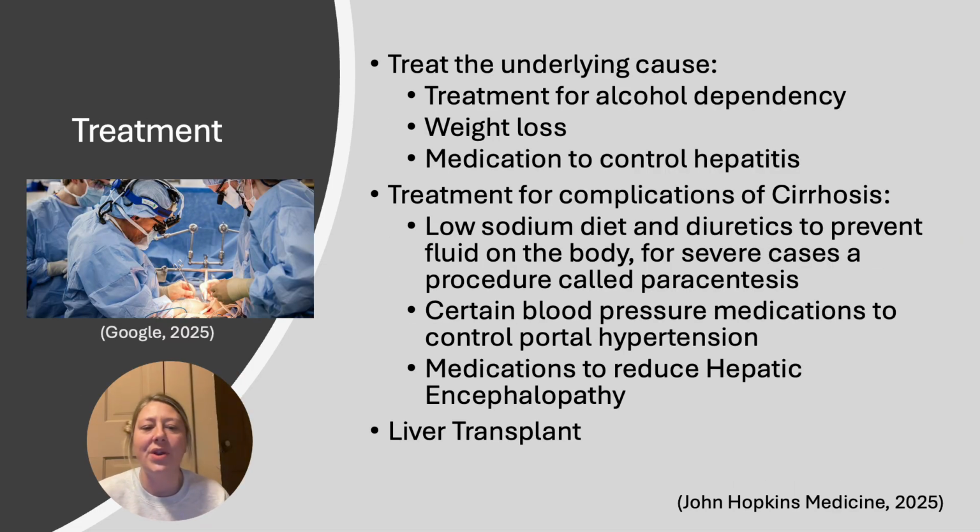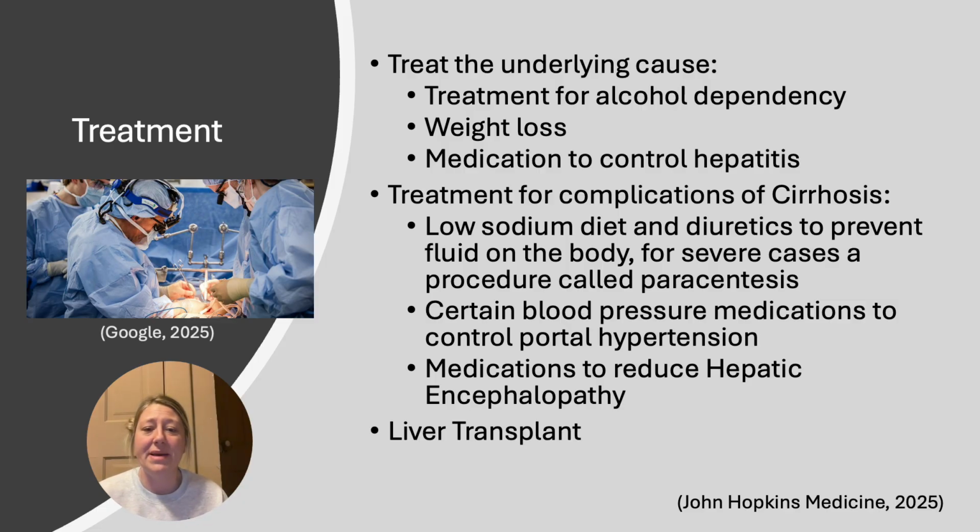All right, so now that we have diagnosed cirrhosis of the liver, how do we treat it? When researching this, several sites said the same thing. First, we're going to treat the underlying cause. So we want to educate our patients with alcohol dependency about proper treatment plans for them.